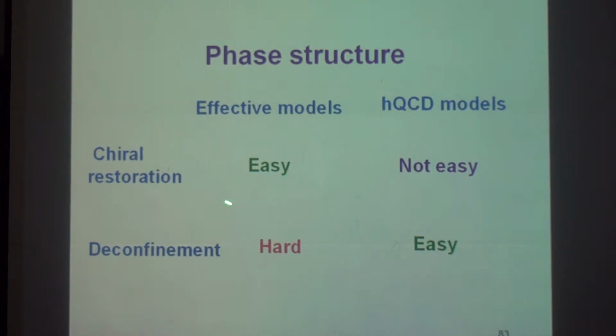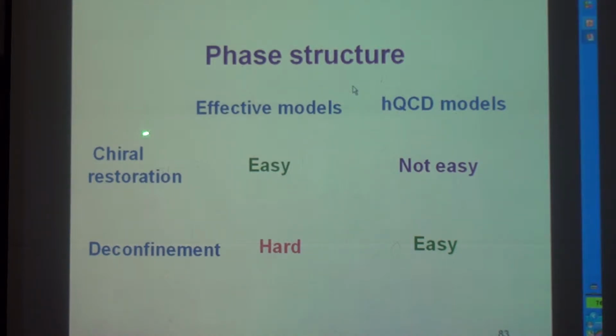Such NJL or linear sigma models can grasp the main features of chiral properties. I think for light flavor quark matter, the NJL model works quite well. But the most challenging part for effective models is how to handle deconfinement.